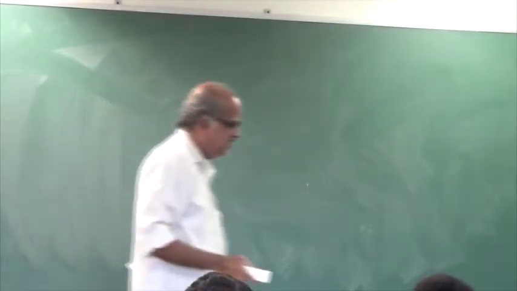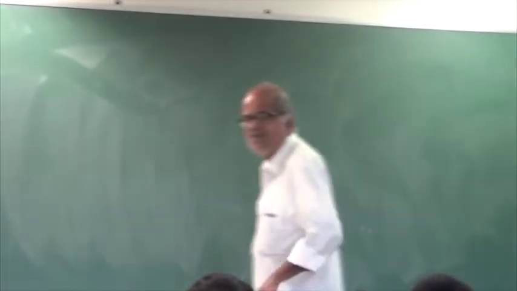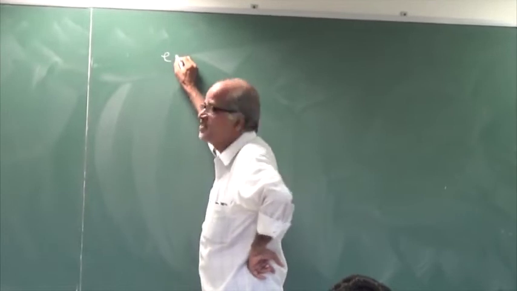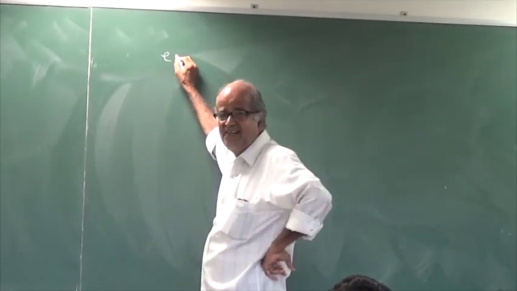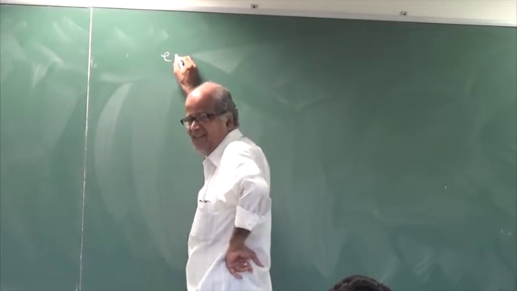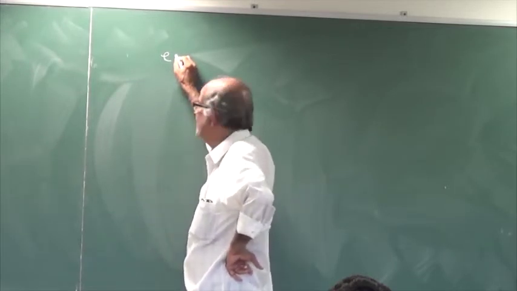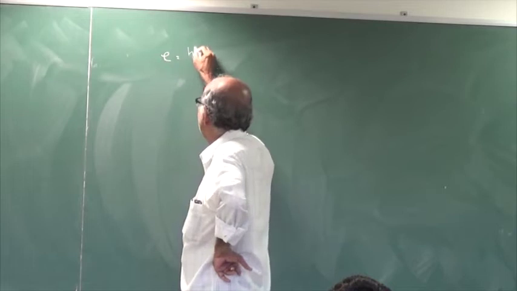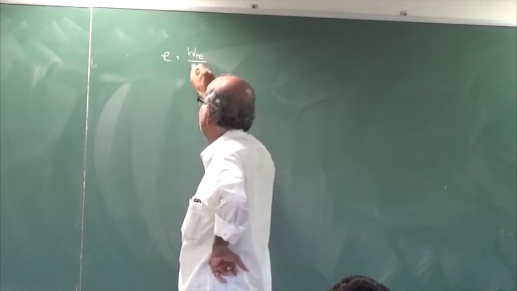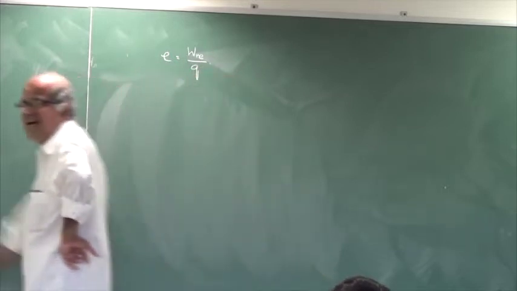How do you define EMF? EMF is defined as the work done per unit charge in moving it once around a circuit, correct? Work done per unit charge, this work is of non-electrostatic origin, correct?